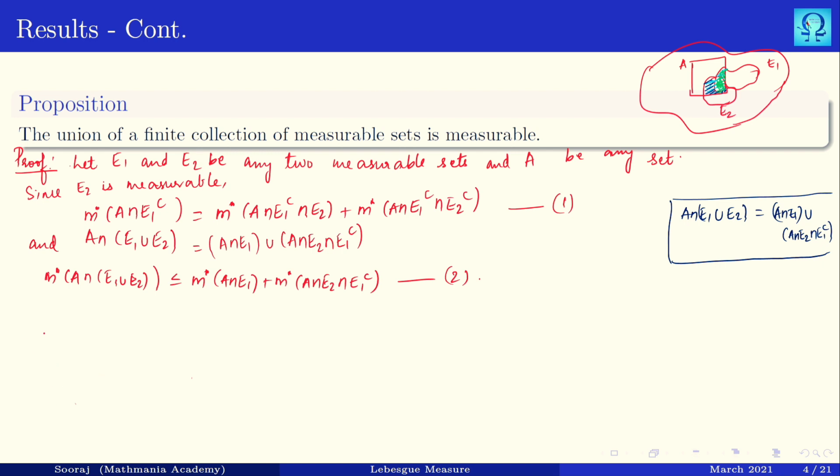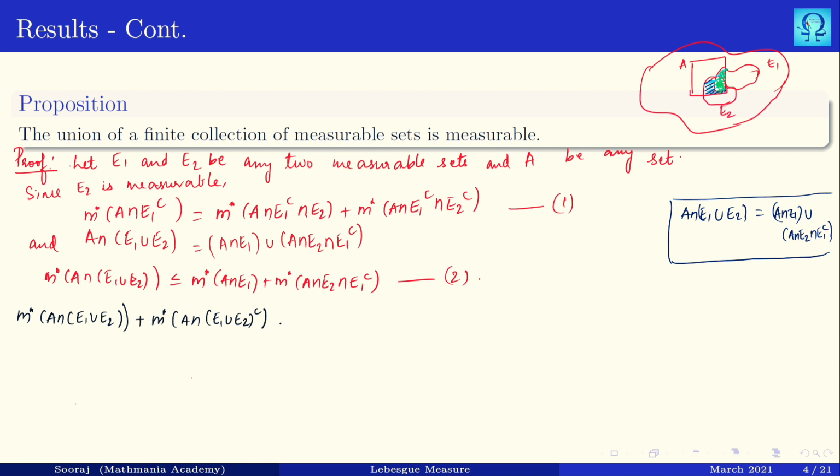Now I will have to estimate m star of A intersection E1 union E2 plus m star of A intersection E1 union E2 complement. So I'll have to estimate these things.